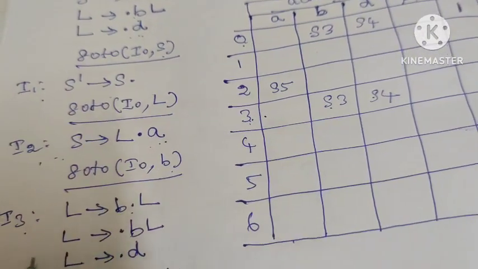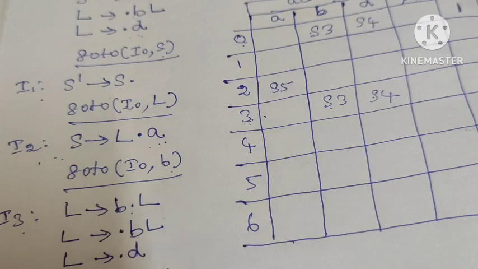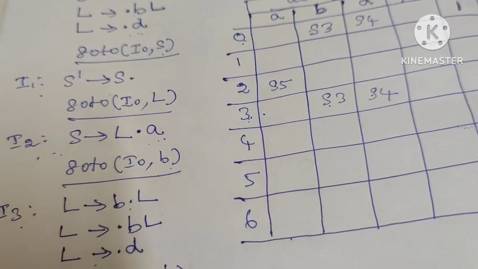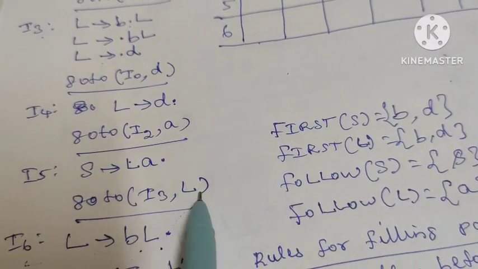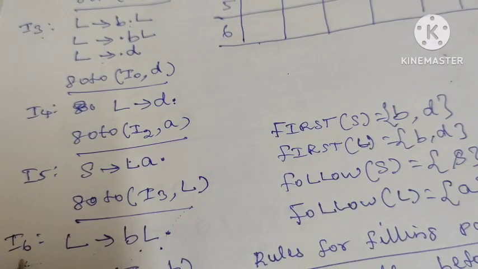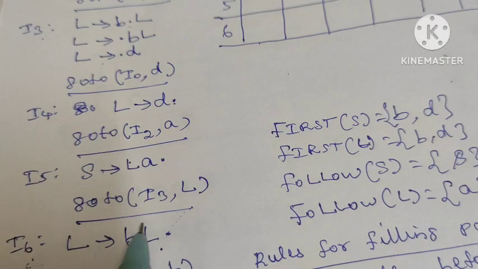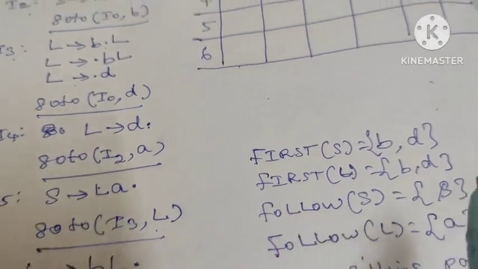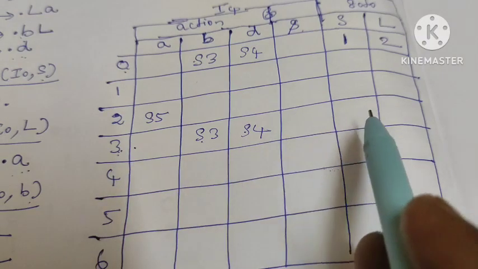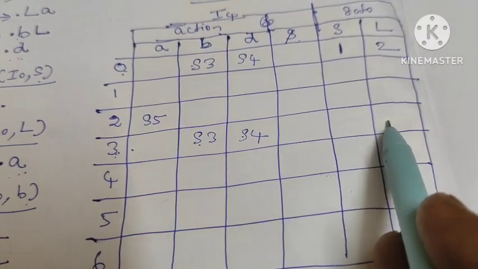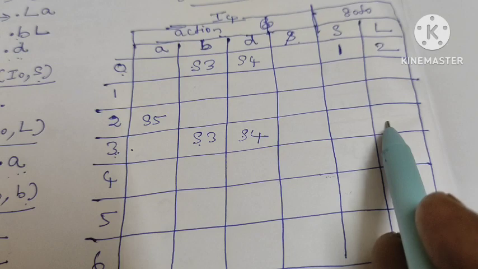Now, in item set 3, we have a dot before the non-terminal L. So go to of I3 comma L. Go to of I3 comma L produces I6. So in 3 and L is here, it produces I6 here.